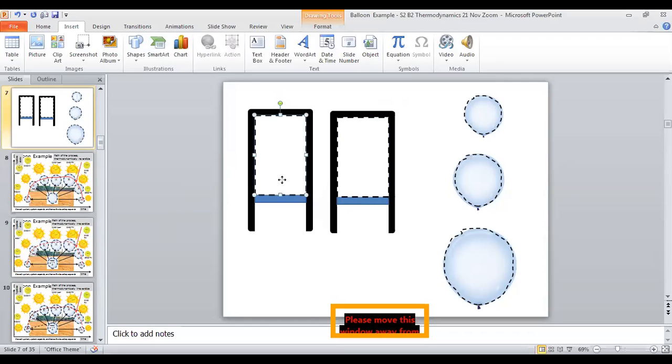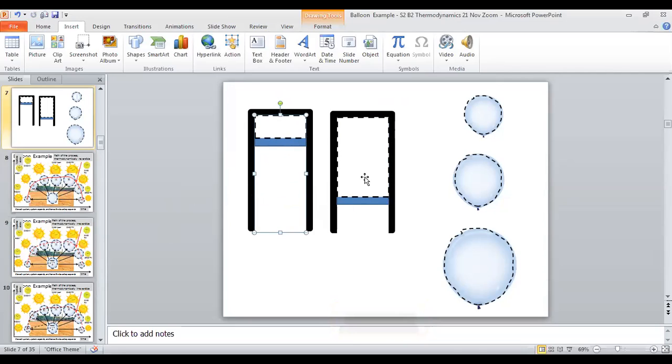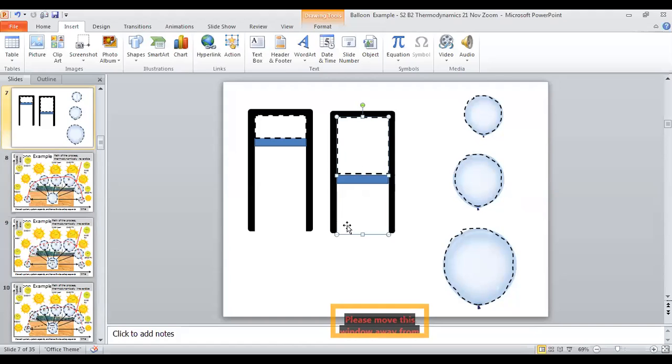Initially the piston can be up, then the piston expands, and there can be some more expansions.